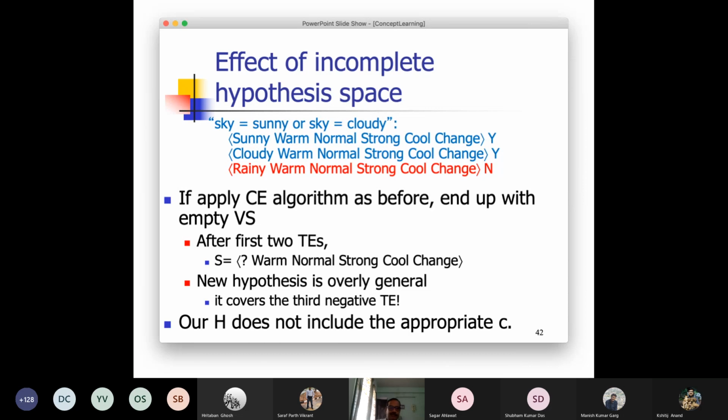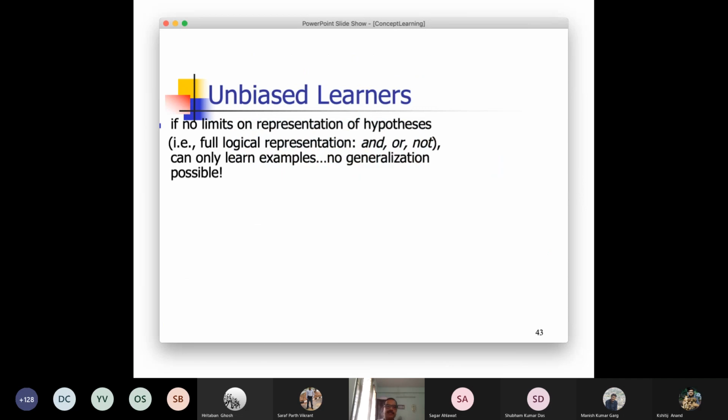So that is the problem, right? Our hypothesis space does not include this target concept, so you will not get this target concept. So there are certain assumptions that need to be true over the training example sets or over the space. So you need a more expressive hypothesis.